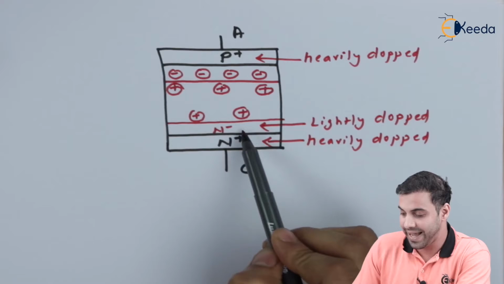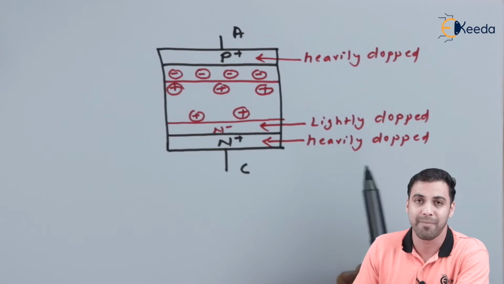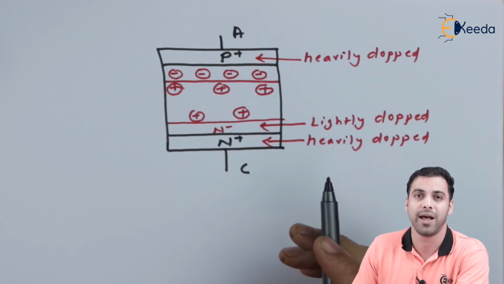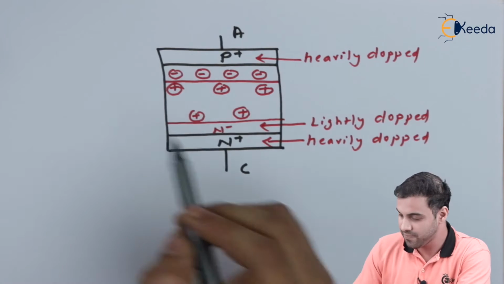Because of this n minus layer, the diode is capable of withstanding high current and high voltage applications.